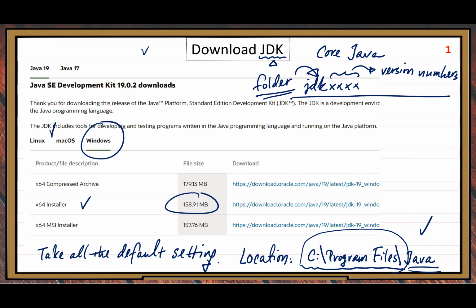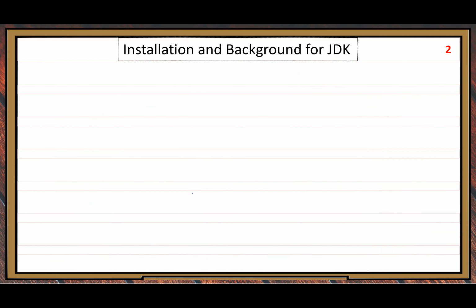Next, I'd like to talk about a little more installation and some background for the JDK. First, related to the Java software versions, there are two concepts frequently referred to in technical documents. Let me explain a little bit.